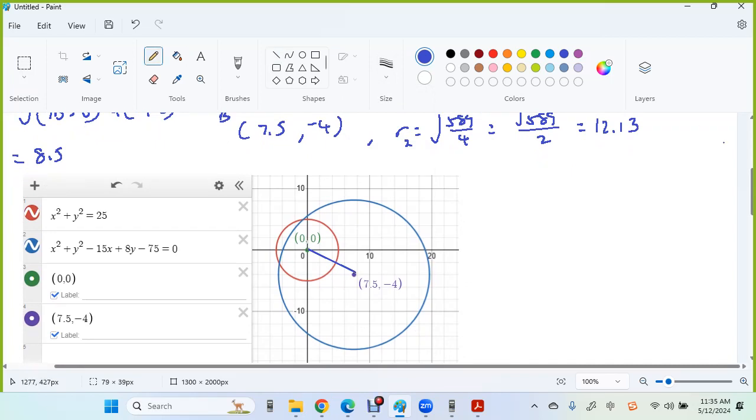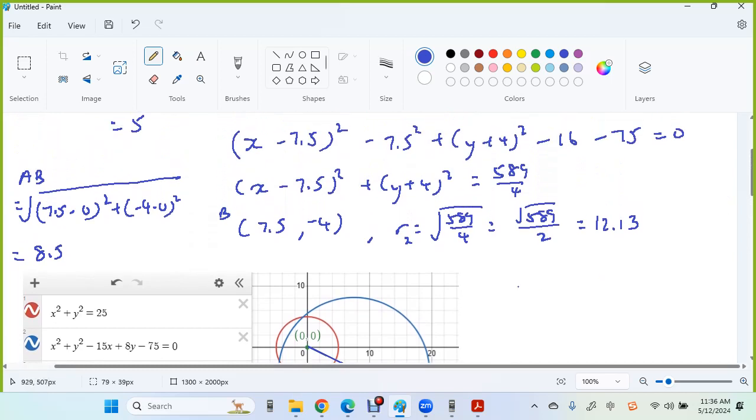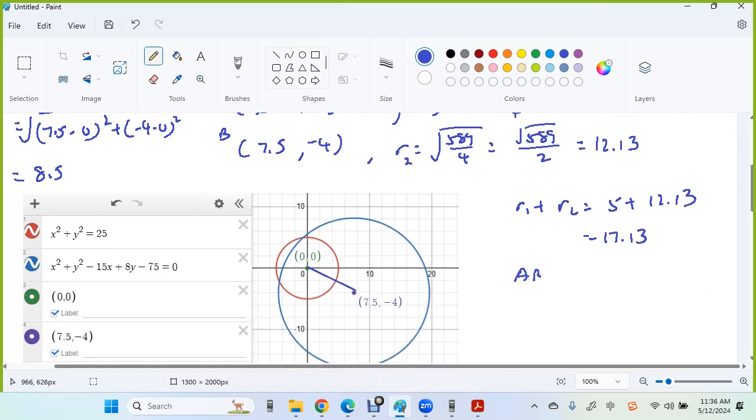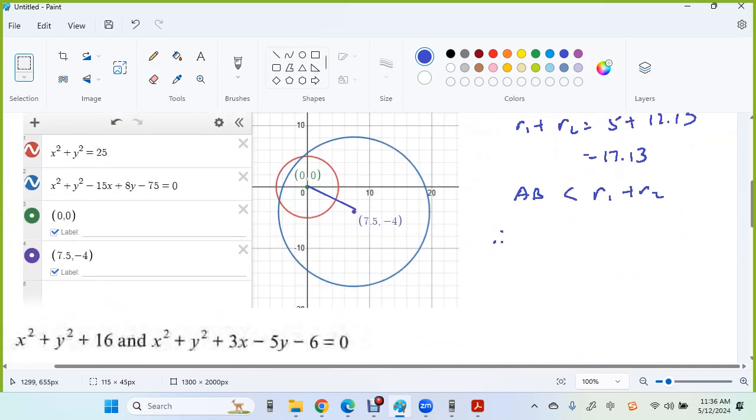For R1 plus R2, in this case it's 5 plus 12.13, which is 17.13. So AB is less than 17.13, less than R1 plus R2. Therefore, they intersect. Okay, so both circles will intersect.